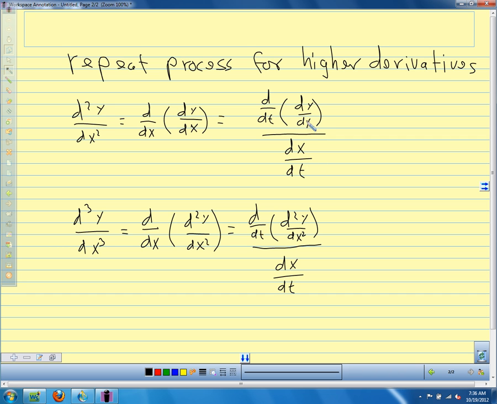So our derivative becomes our new function, and each successive derivative always has this dx/dt in the denominator. That make sense?